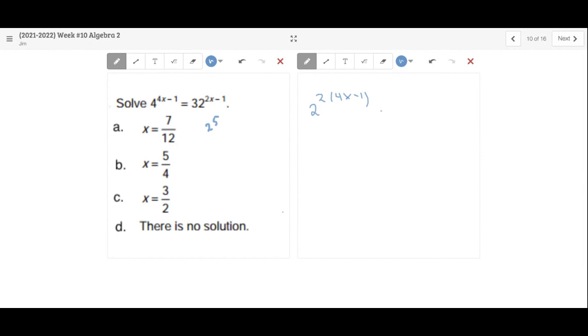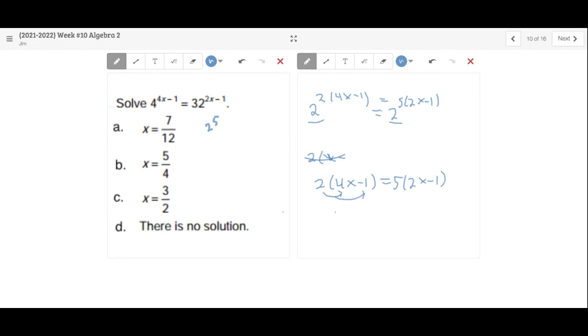So I'm going to rewrite that as 2 to the 5, 2x minus 1. So now I rewrote them with common bases. Bases are the same, exponents are equal. So this whole problem just turns out to be this: 4x minus 1 equals 5 times 2x minus 1. That's all it is. I rewrote it with a common base. So now this is the equation I have to be able to solve.